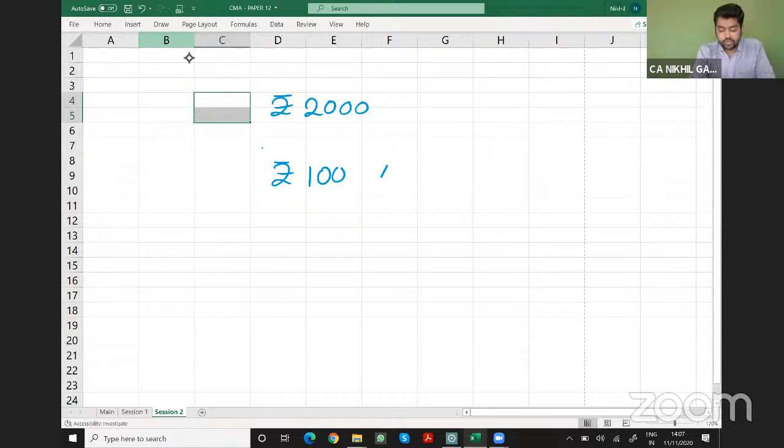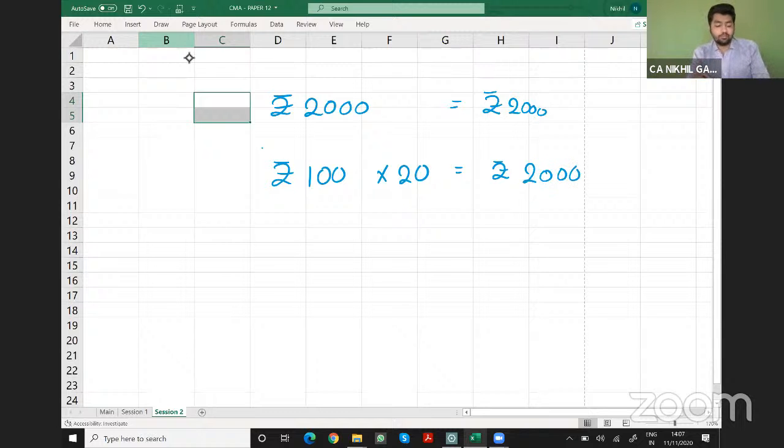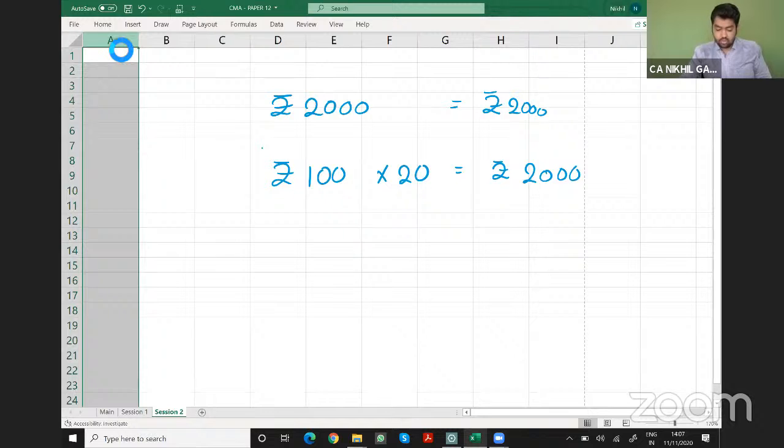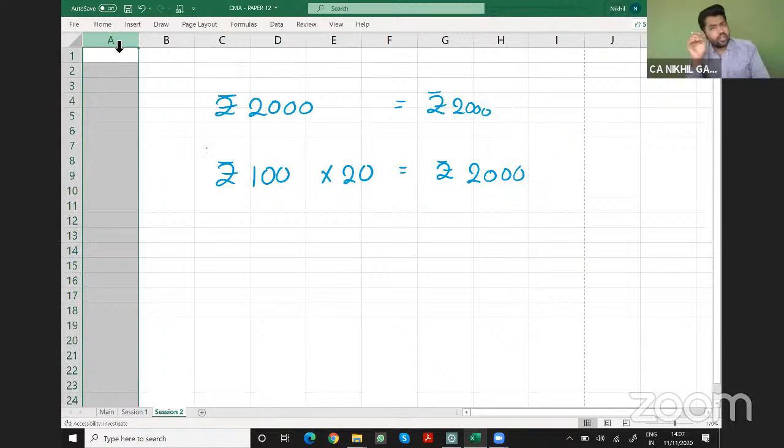So the value of both is 2000 only. But the denomination in the first case is 2000, and in my second case it is 100 into 20. So the value in both the cases is 2000 only.